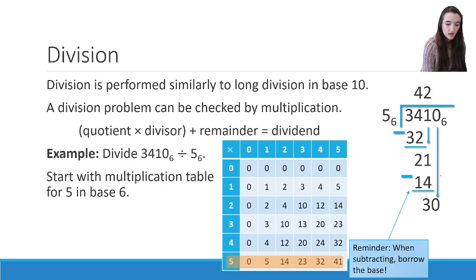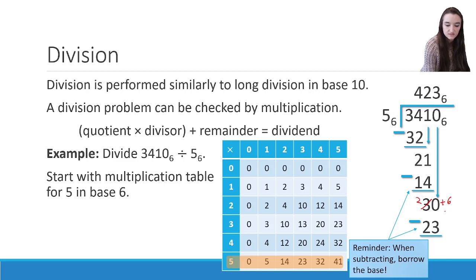So here, how many 5s till I get to 30? Well, there's 3 of them, because 3 times 5 is 23. So I put a 3 up at the top. I'm going to subtract off 23, like so. When I do that subtraction, once again, I have to do that same borrowing. So 0 minus 3 doesn't work out, but I can knock this down by 1, add 6 here.